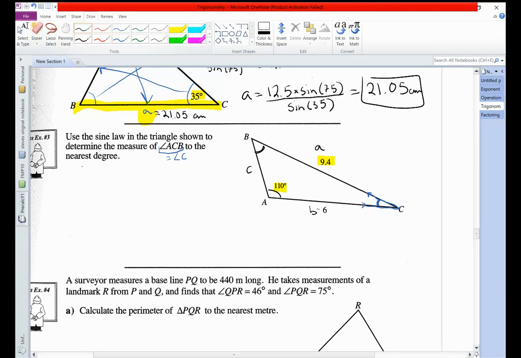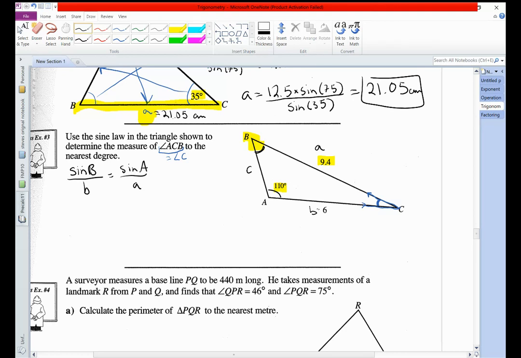I always put my unknown first, which is a good strategy that I totally forgot to mention. What I'm trying to solve for is angle B, so I'm going to start by putting sine of B in the top of the first fraction, and I can make that equal to sine of A over A.